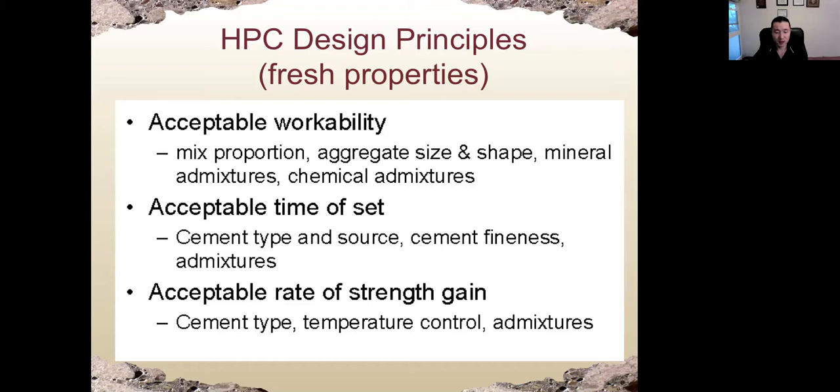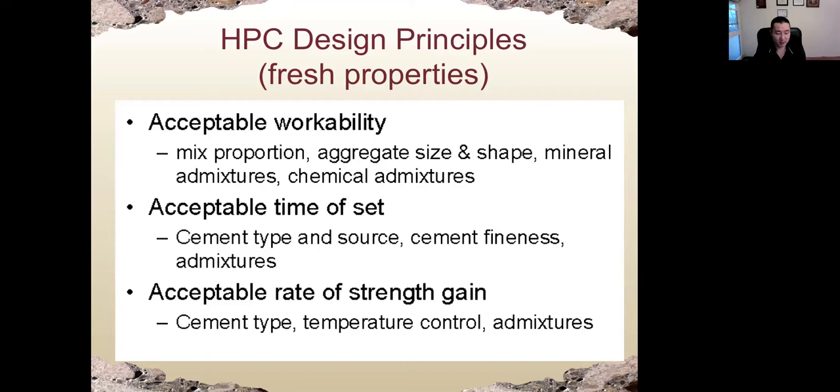The set time should also be acceptable. It is controlled by cement type and source. For example, type 3 cement, we have higher early strength, short setting time. Also controlled by the fineness of cement, and of course, chemical admixtures such as accelerators and retarders, that can control the setting time of concrete.